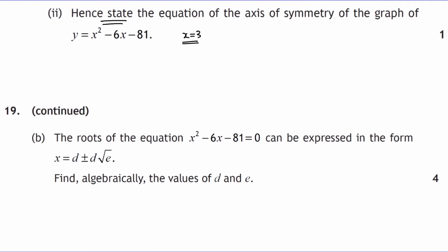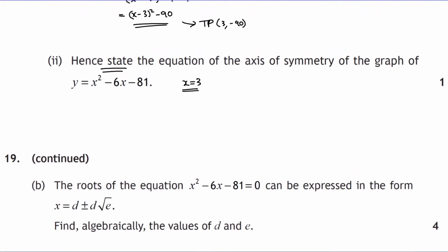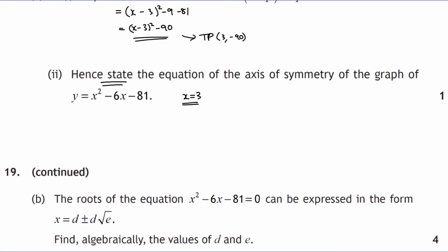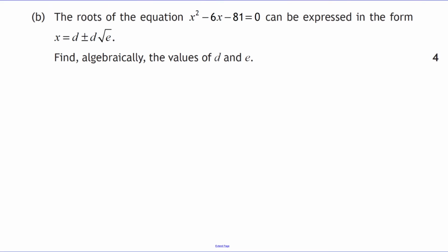The roots of the equation x squared minus 6x minus 81 can be expressed in the form d plus or minus d root e. Find algebraically values of d and e. Okay, the key part here really is the plus or minus. If you recognize that, that will be your quadratic formula.